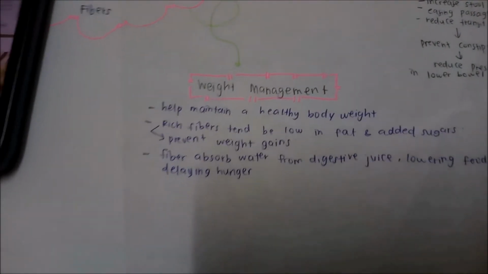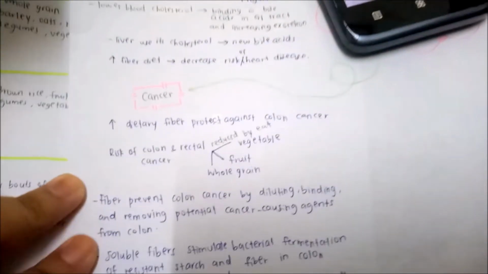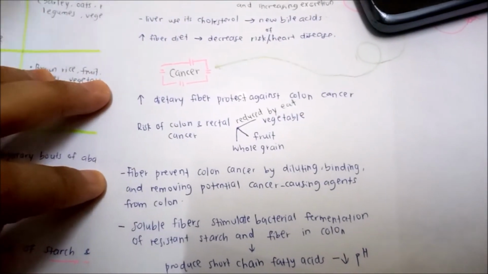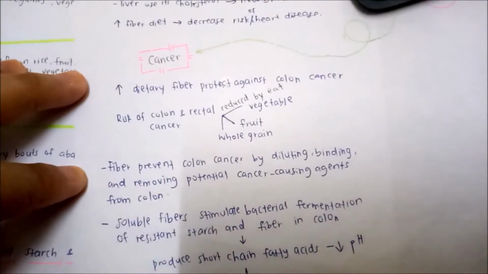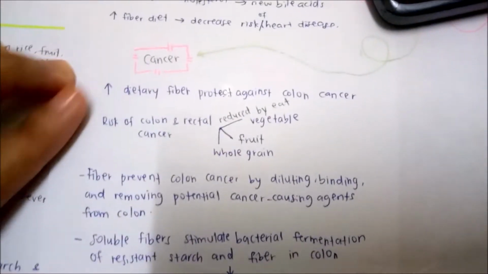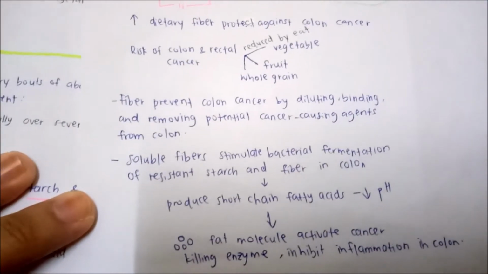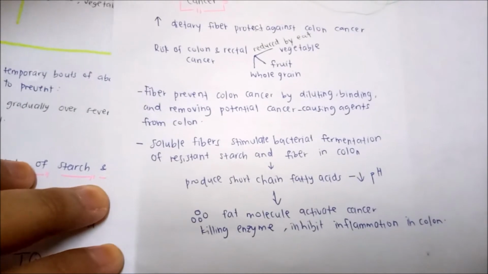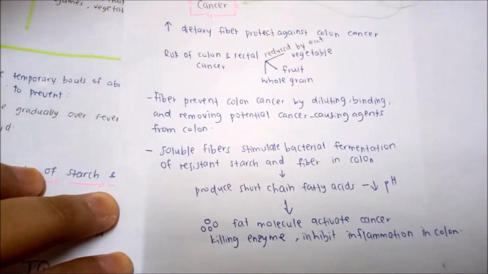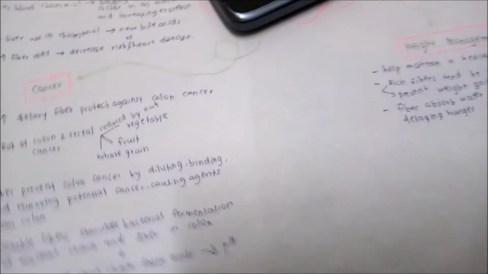Okay, kemudian cancer. High dietary fiber protect against colon cancer, di mana risk of colon and rectal cancer can be reduced by eat vegetable, fruit and whole grain. Fiber prevent colon cancer by diluting, binding and removing potential cancer causing agent from colon.